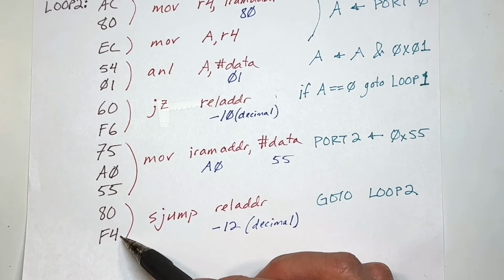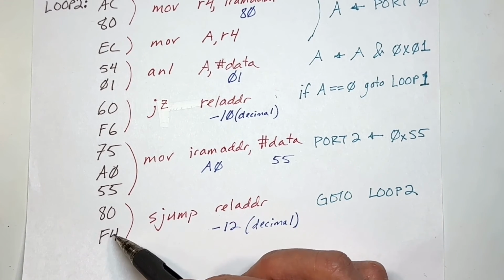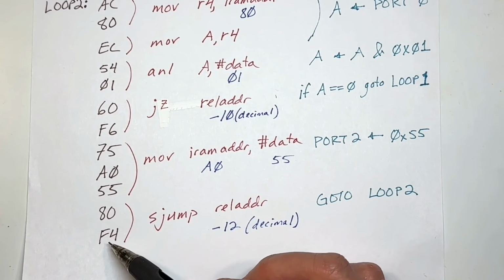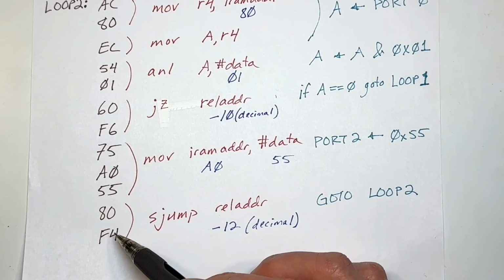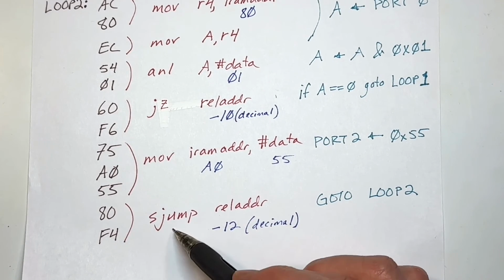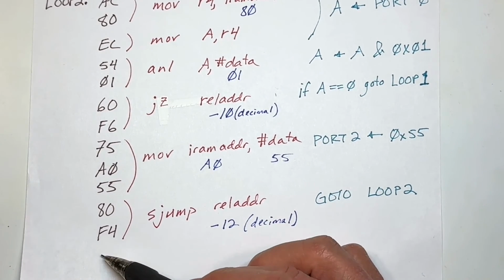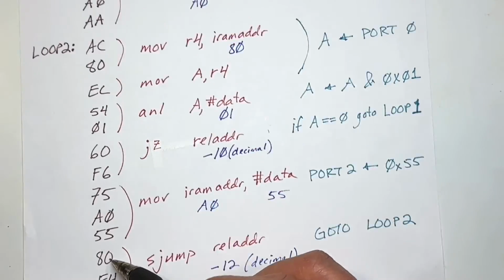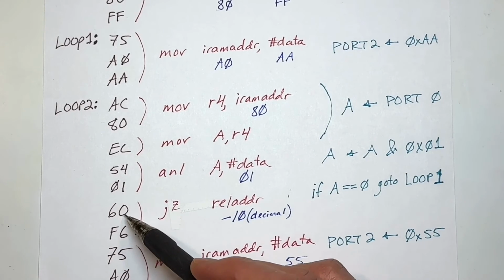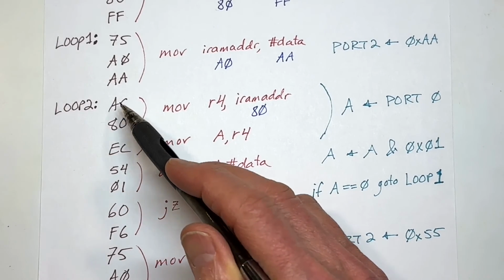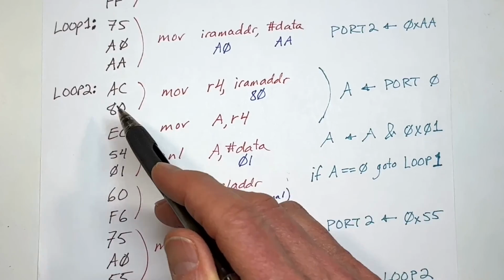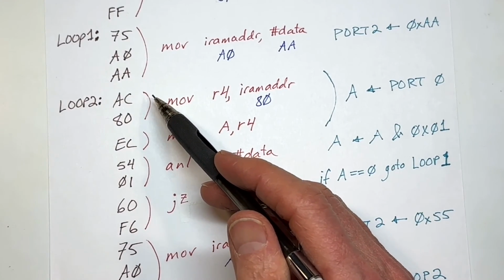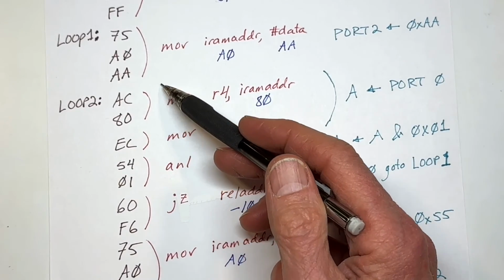And here we have the signed number for -12, which in signed binary is hex F4. So if we count back from the next instruction, which we don't actually have, 1, 2, 3, 4, 5, 6, 7, 8, 9, 10, 11, 12. That's loop 2.